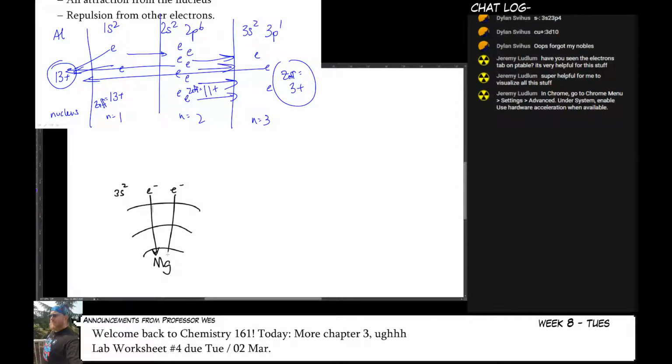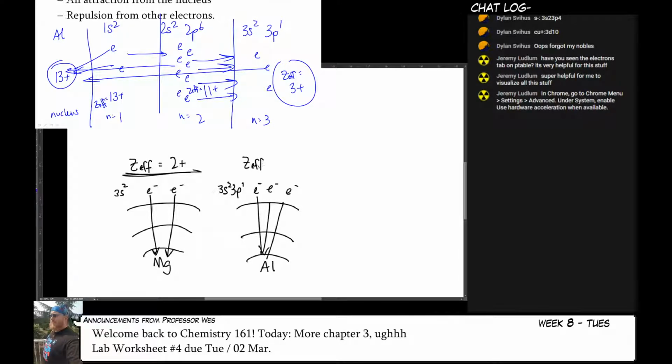So these electrons are being pulled in by this force, which we just said, right? Now we'll do the same thing. And these electrons are being pulled in by this force.